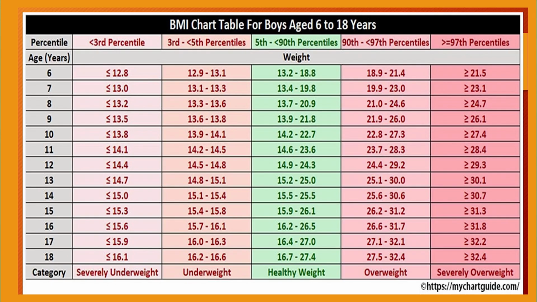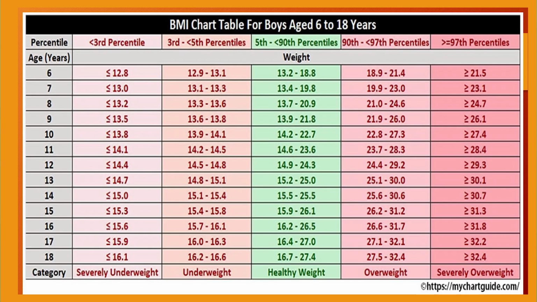Now, you can see that when the BMI is less than 14.4, the child of about 12 years of age is called severely underweight. Where it lies in the range of 14.5 to 14.8, it is just an underweight child. It is a healthy child from 14.9 to 24.3.